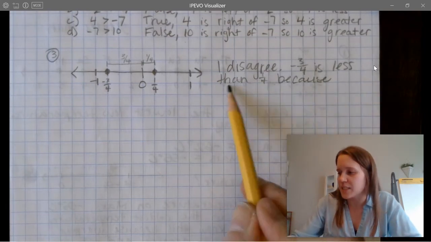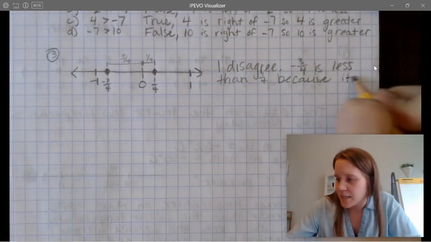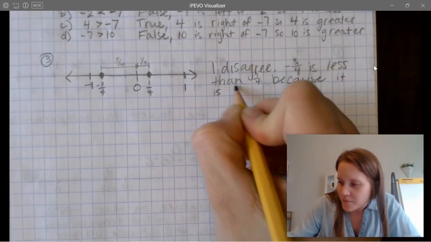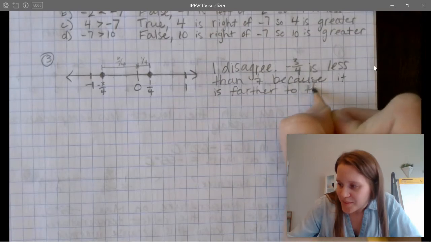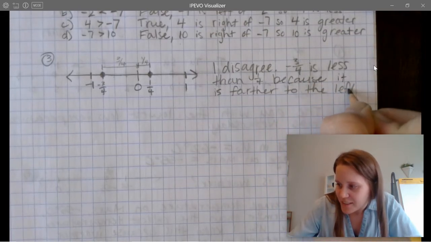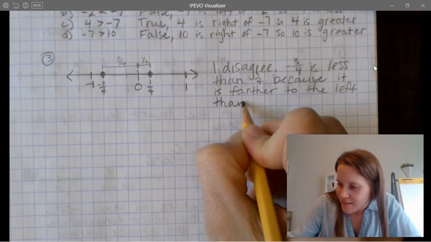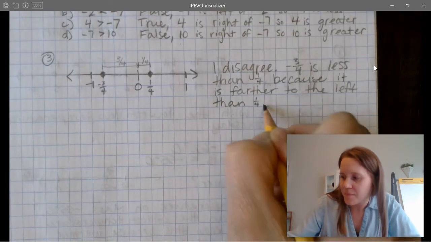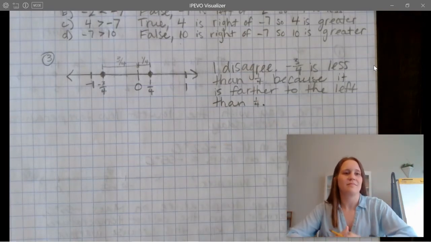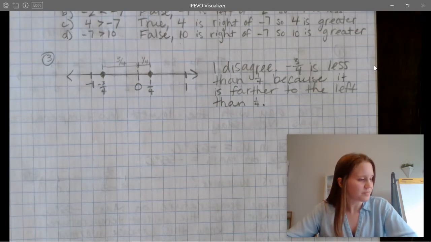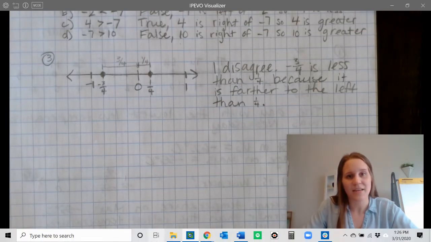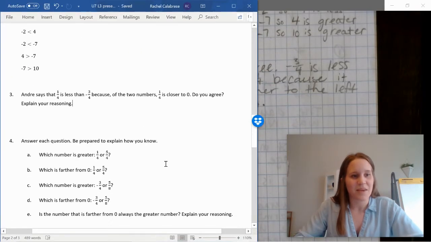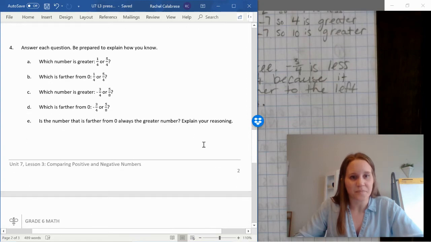So negative 3/4 is less than 1/4 because it is farther to the left than 1/4. All right, take a minute, pause here if you need a little bit of extra time. We have one last question.